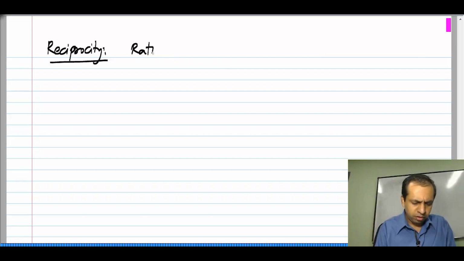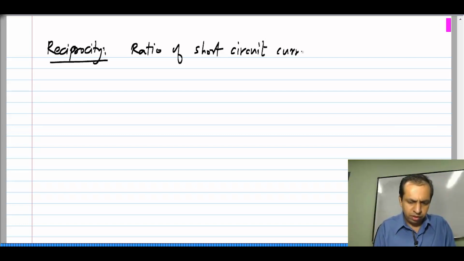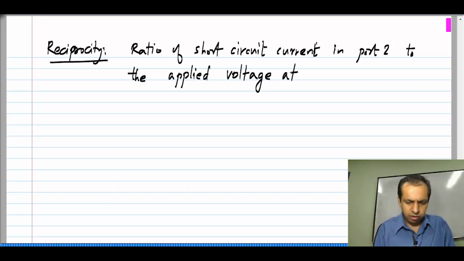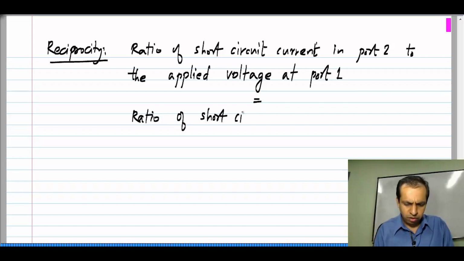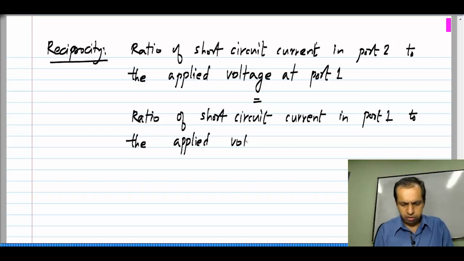Reciprocity means the ratio of short circuit current in port 2 to the applied voltage at port 1 equals the ratio of short circuit current in port 1 to the applied voltage at port 2.